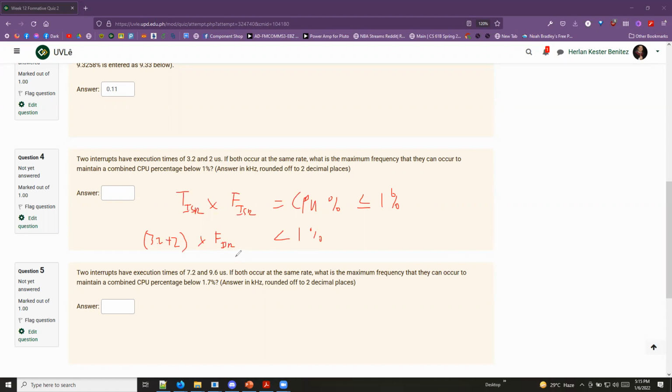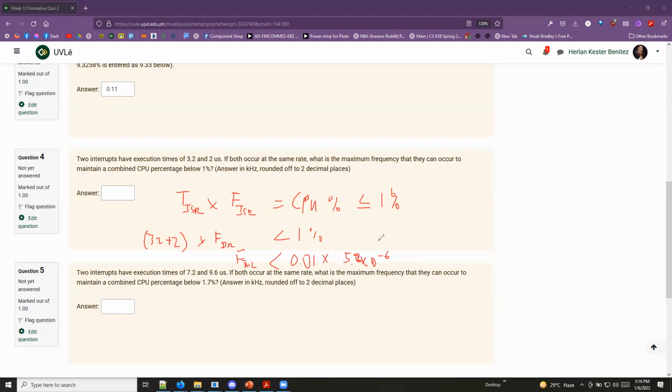Basically, let's isolate F_ISR. It should be less than 0.01 times 5.2 times 10 to the negative 6. Oh, it's not multiply, this is divide.